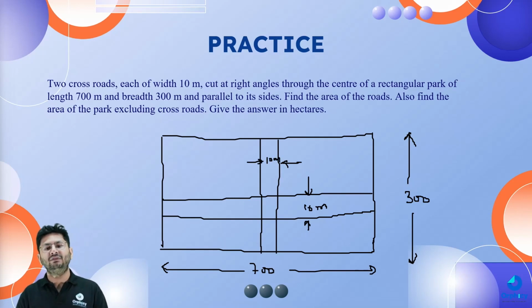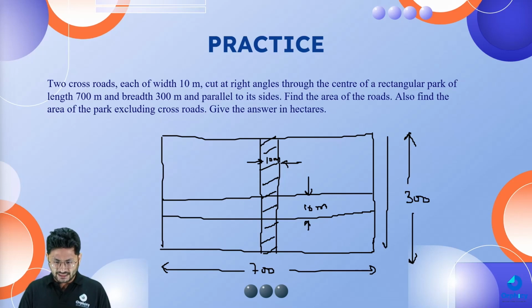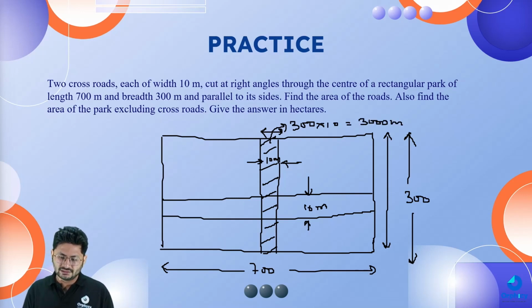Now what we have to find out, first of all, area of the roads. अभी देखो, अगर मैं इस रोड का एरिया निकालने जाऊंगा, ठीक है, इस रोड का अगर एरिया निकालता हूं तो इस रोड का लेंथ या फिर ये वाला डायमेंशन तो 300 रहने वाला है. ओके, तो 300 and this dimension would be 10 meters, 300 into 10 which is equal to 3000 meters square.